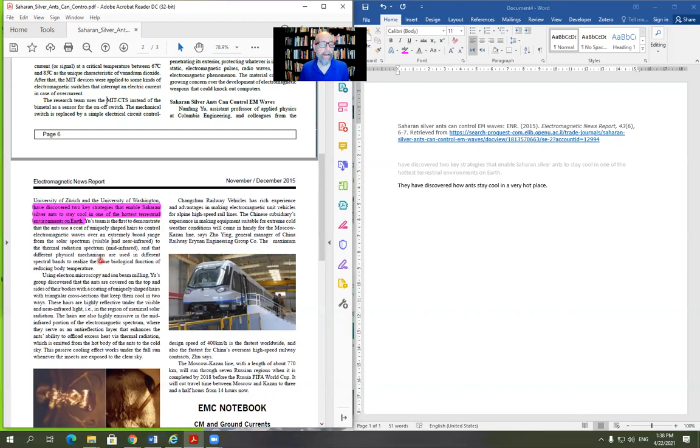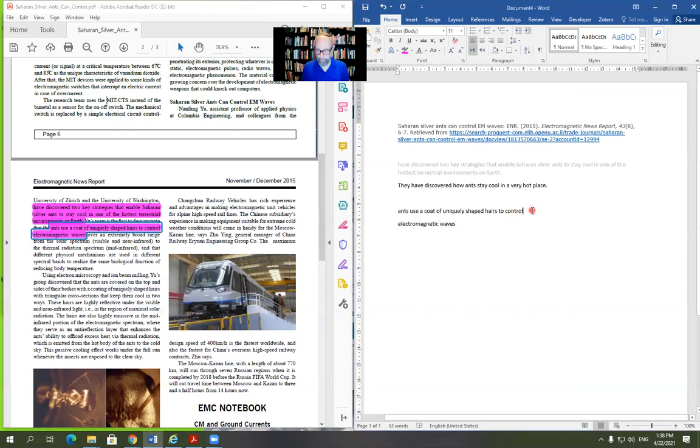They do it with certain hairs. And again, I gray this out because I already wrote my notes on it. I don't need to read that again.